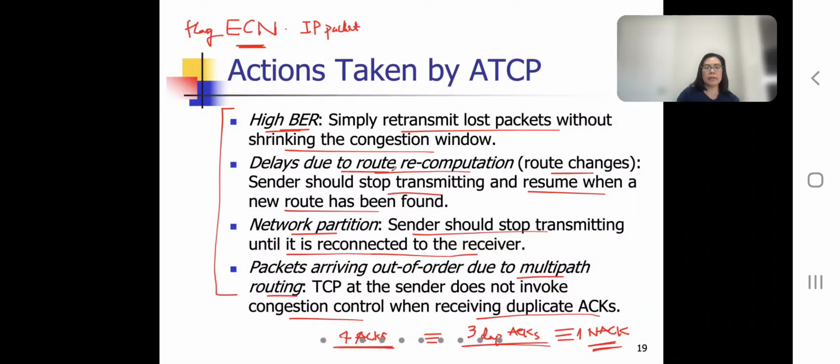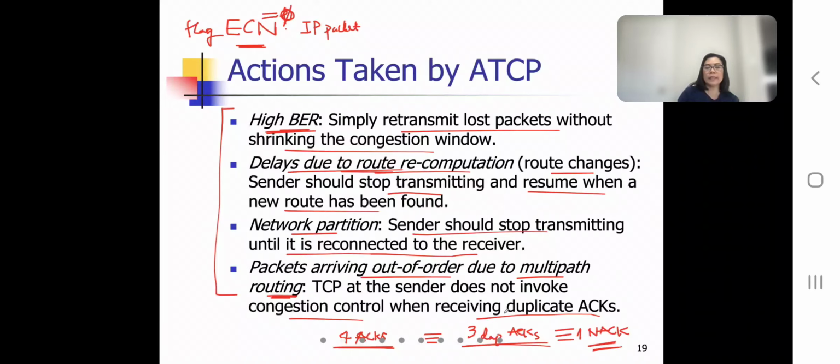And for this case, and for this case as well. So if a packet's lost but the flag is false, it doesn't set, it's 0, that means the packet is lost because of something else, maybe because of route changes, for example, or maybe because of packets arriving out of order.